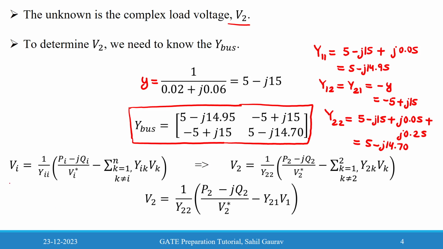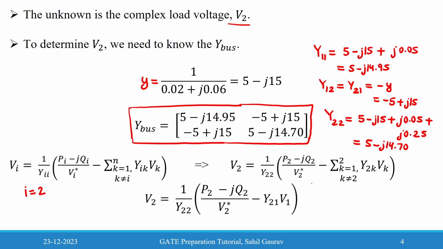Now we will apply the power balance equation to find the voltage at the buses. Here the general expression is Vi is equal to this one. Now you have to find the voltage at bus 2, so you put i equal to 2. You will get V2 is equal to 1 divided by y22 and so on.